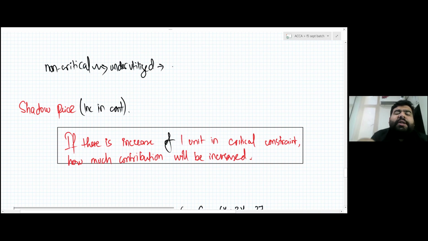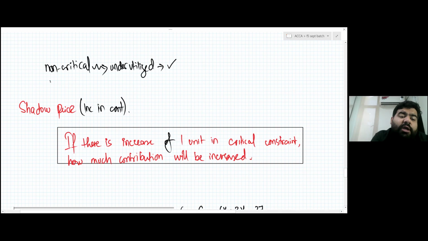It also means that if we want to arrange some extra resource for this non-critical constraint, we already have it. Like for example, slack is 500, meaning underutilization is 500 hours. So if we want 10 hours or 20 hours more from that resource, we can use that, no issue.